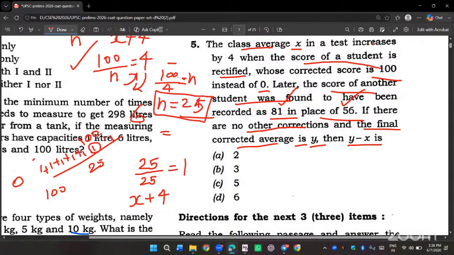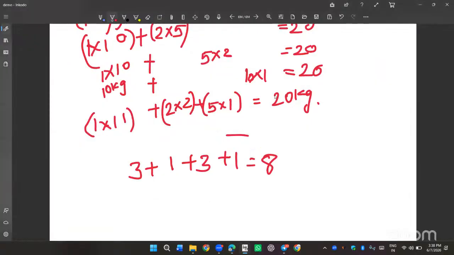I corrected it. For that reason, my average increased by 4. How? 100 marks will be distributed to all the 25 students. Okay. So I can give you a layman example. We will take time, don't worry.